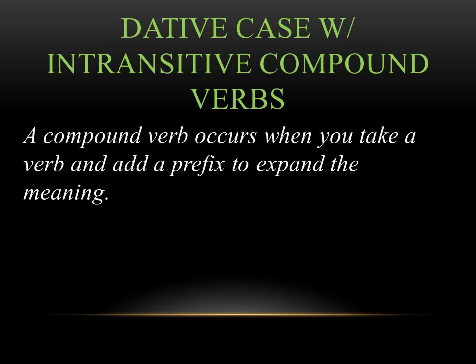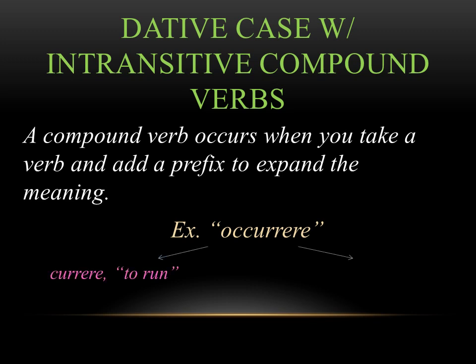A compound verb is something that happens when you take a verb and add a prefix to it to expand the meaning. So an example from our book is occurrere. If we were to break this verb down, you have currere, which means to run, and ob, which means against. The translation we get is to run against, literally, or to encounter is how we translate it, in a better way in English. But if you break this word apart, you have a compound verb here.